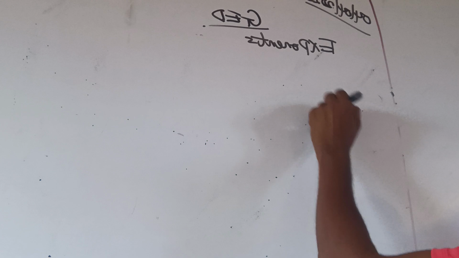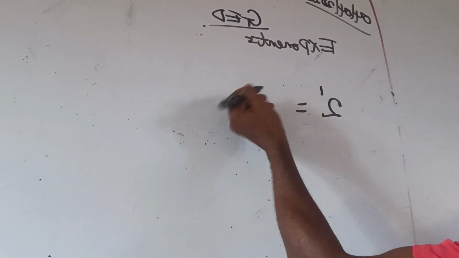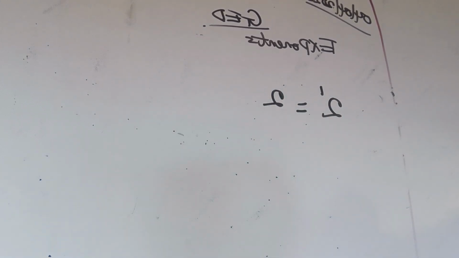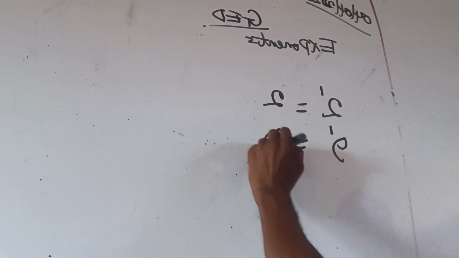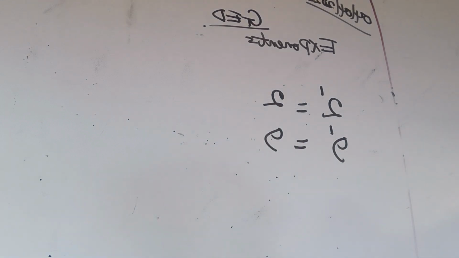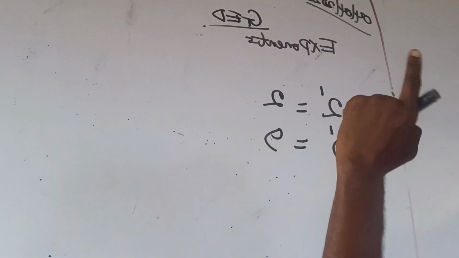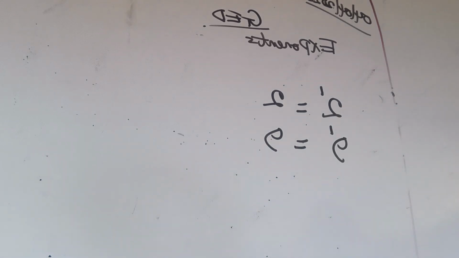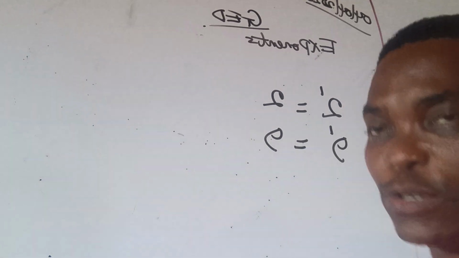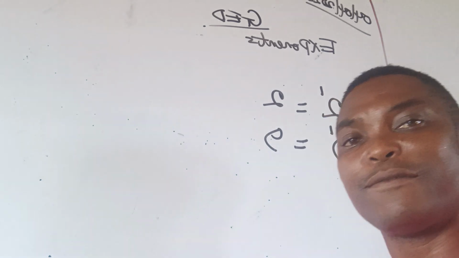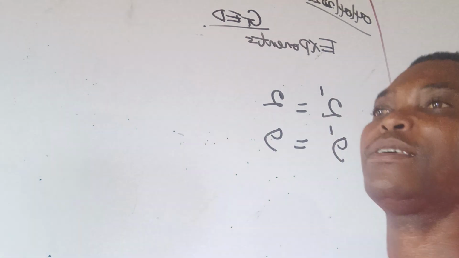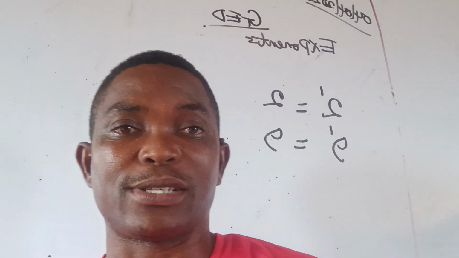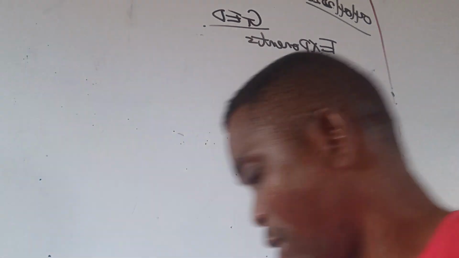2 raised to the power of 1 is 2. 9 raised to the power of 1 is 9, because you have to repeat it just once. Unlike when we had 5 raised to the power of 3, we said 5 times 5 times 5 and ended up with 125.